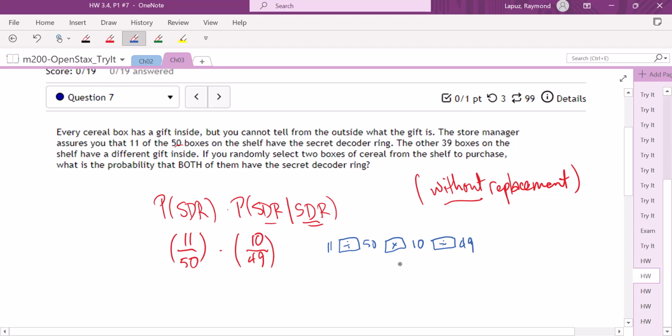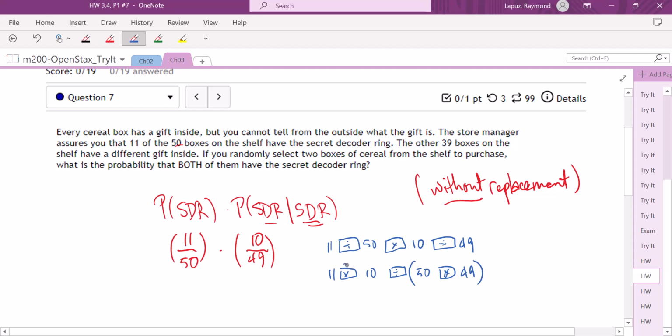What you're not allowed to do is, I'm going to write this out but cross it out immediately, 11 times 10 divided by 50 times 49. So multiplication goes across like that, but here you would actually need parentheses around 50 times 49 down here.